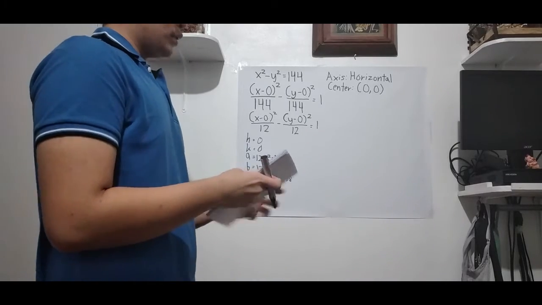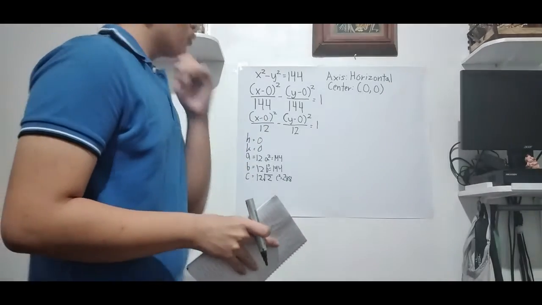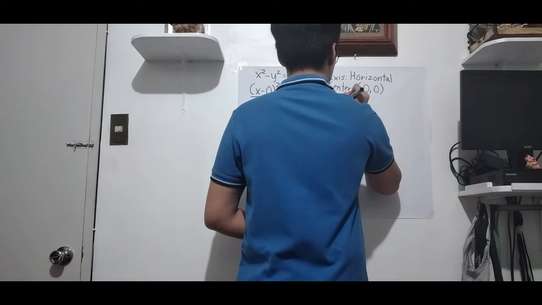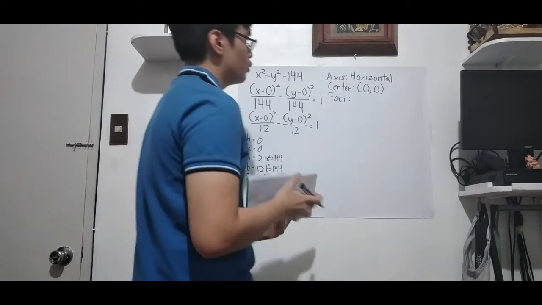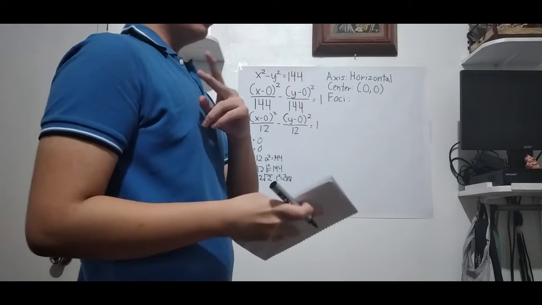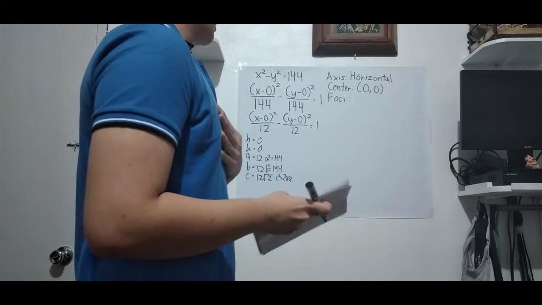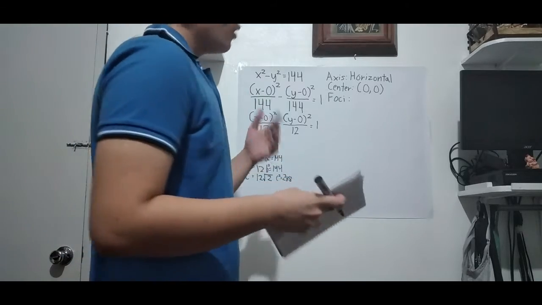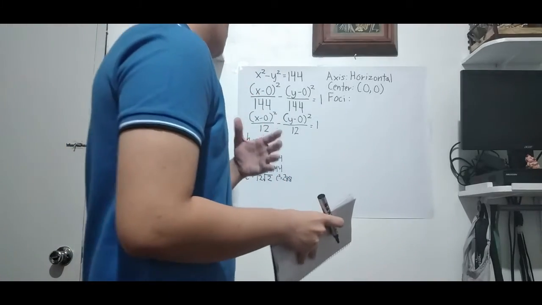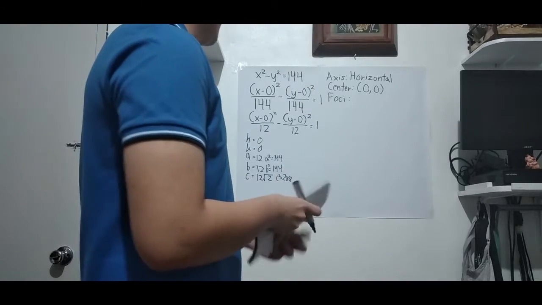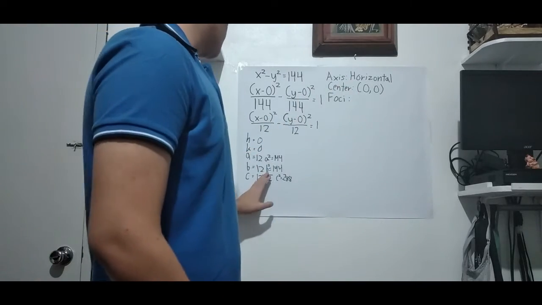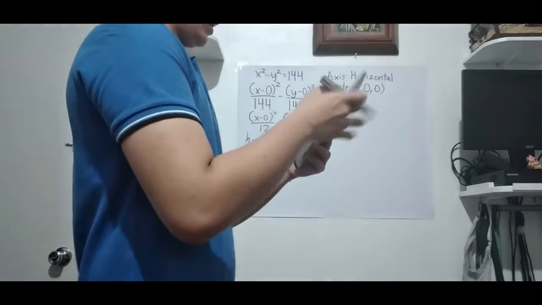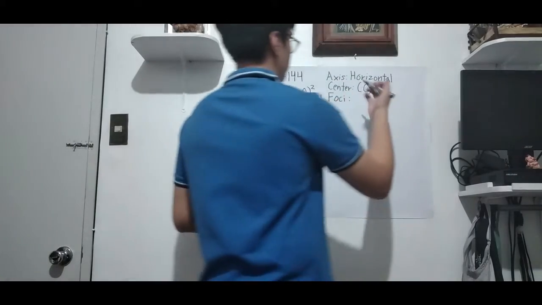And then the next property would be the foci. So we would have two foci here. Because our formula here would be h plus minus c, that would give us 0 plus minus 12 square root of 2.